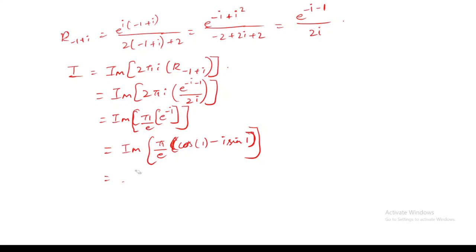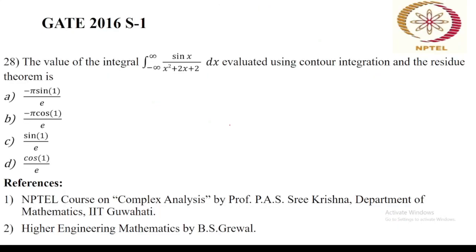So it will be pi by e into sine 1, with a negative sign, I mean minus pi by e sine 1, since there is a negative term here. At last we have found the final expression of the integration. So this is the final answer. Checking the options, the answer is option A.